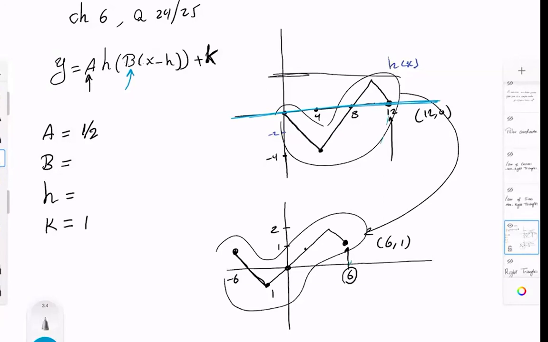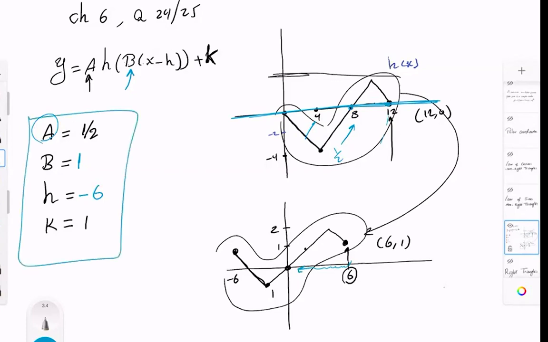So by applying 1/2 to each point, which is a, b doesn't do anything, b will be 1. And h, we moved 12 to 6, so we moved it 6 units to the left, so it would be -6. So this will be my answer.